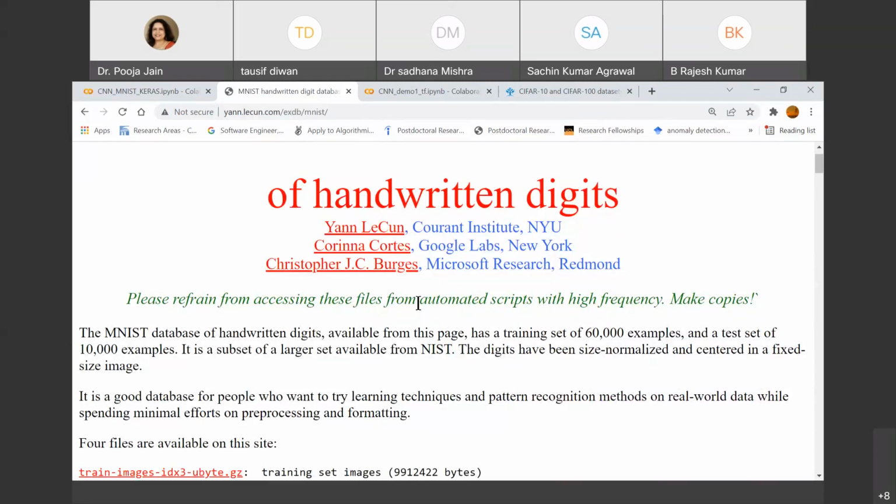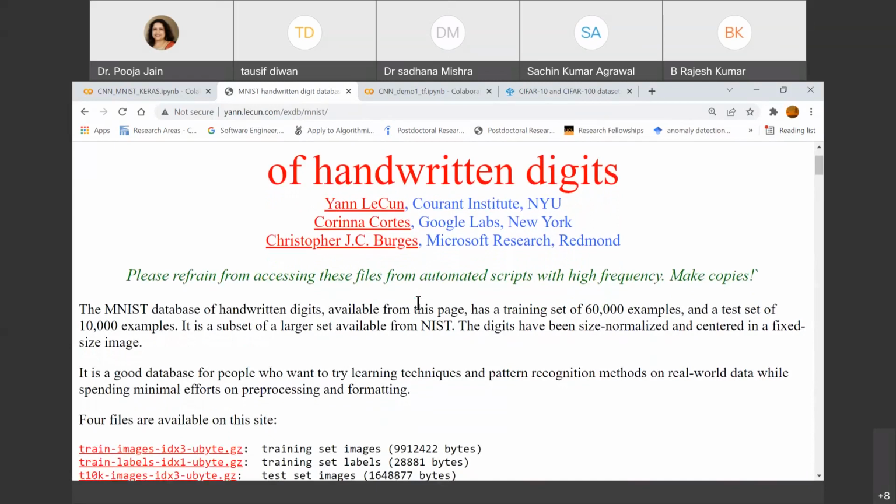Basically it's a handwritten digit database. Total 70,000 images are there. 60,000 images are considered the training set and 10,000 images are in the test set.